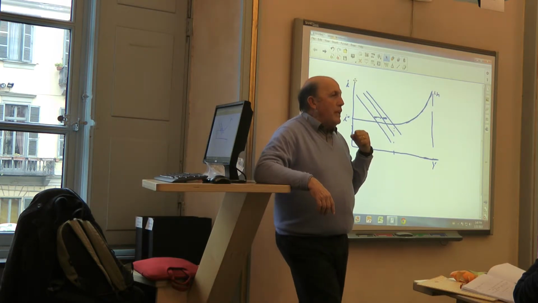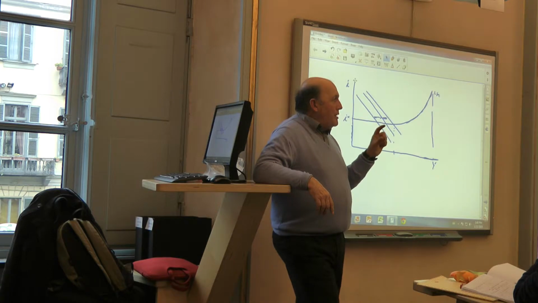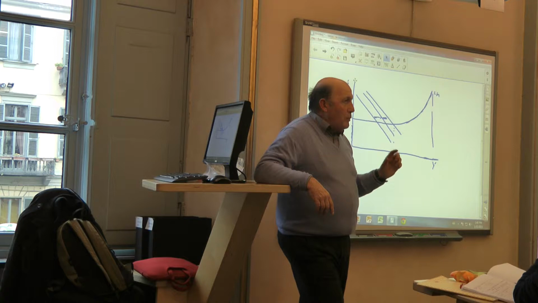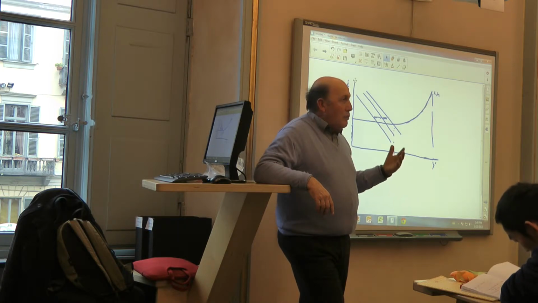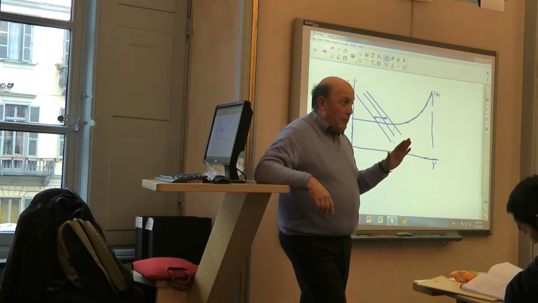Franco Modigliani said, look, Hicks' story confines Keynes only to the liquidity trap. But of course, we have unemployment also when we are not in a liquidity trap. So liquidity trap is an extreme case. Unemployment exists normally, okay? And that's what Keynes argues, that unemployment is a normal case.